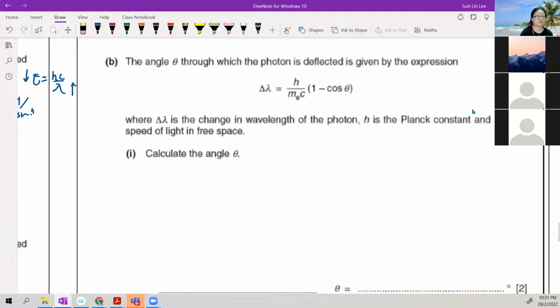Delta lambda is h over m_e c, 1 minus cos theta. Looking for theta, right? So delta lambda here is the change in wavelength.